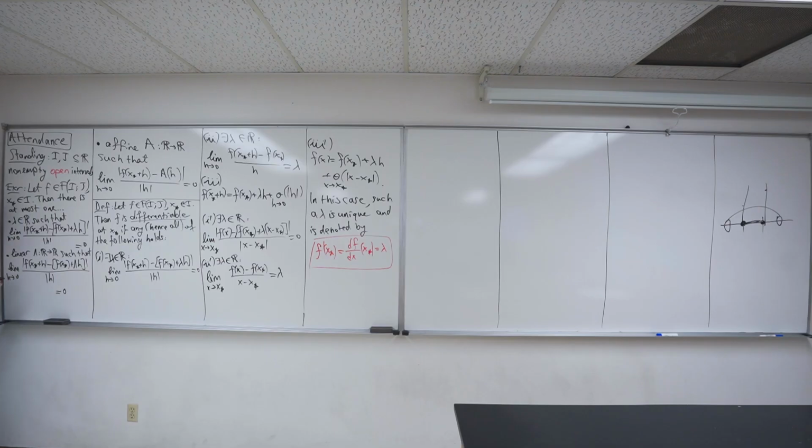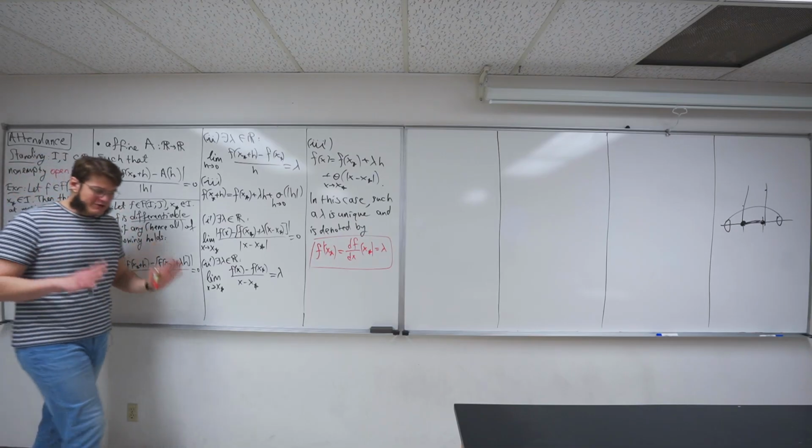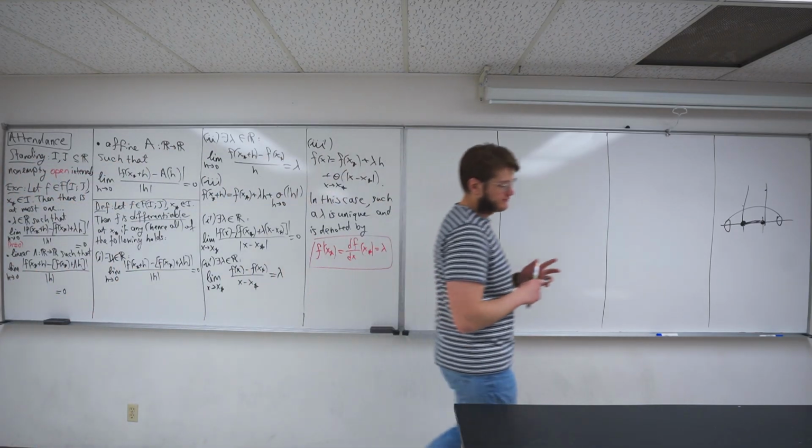Remember, I told you yesterday, technically this is not quite defined at h equals 0. So if you want to be more formal, under the limit you would put h not equal to 0, but most people would not write it like this. It's clear that this function is not defined there. There's at most one number lambda such that this limit is 0. Possibly there is none, but no matter what the function is, there's at most one.